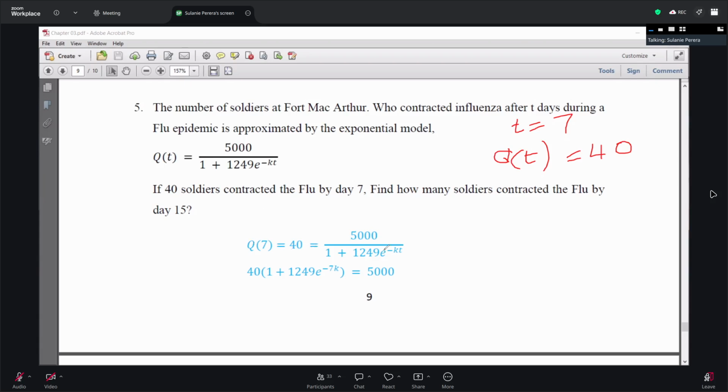Q7 = 40 = 5000 / (1 + 1249 e^(-kt)). So if you cross multiply and bring the k down, solve for k and tell me the answer for k. What will be k? Find k.